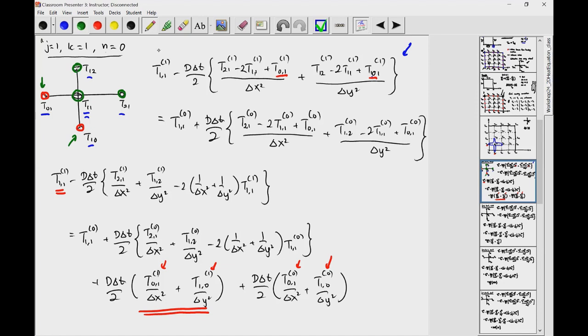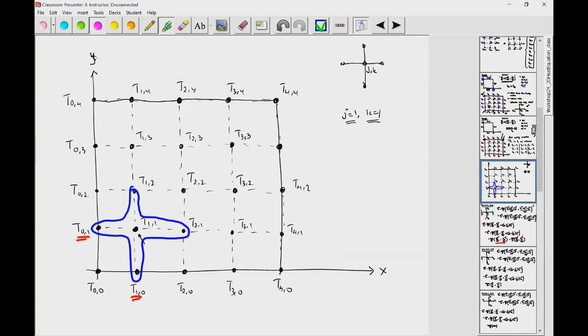And effectively, they are the ones that I'm highlighting here: T11, T21, and T12. Okay, so this is also T11. So you can see when you apply one equation to that stencil, you get one equation in terms of 3 unknowns.